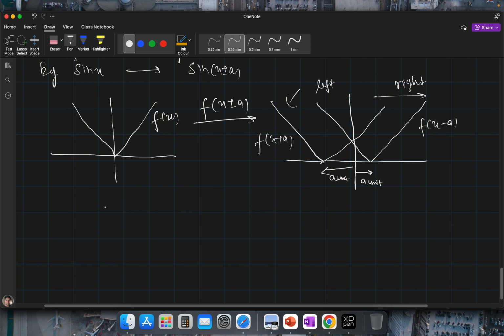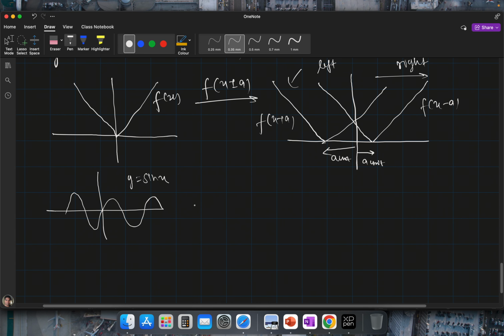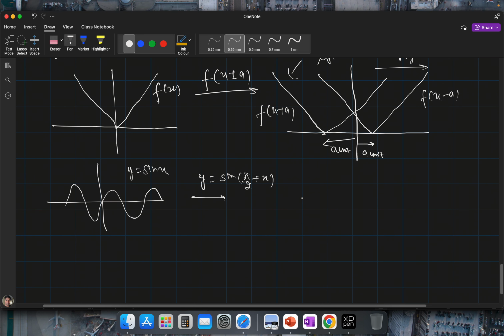For example, suppose you have a graph of sin x. This is the graph of y equal to sin x. Now someone wants to draw y equal to sin(pi by 2 plus x). So you can see that it will shift in which direction, left or right? Left direction, just by pi by 2. What is the coordinate of this point?